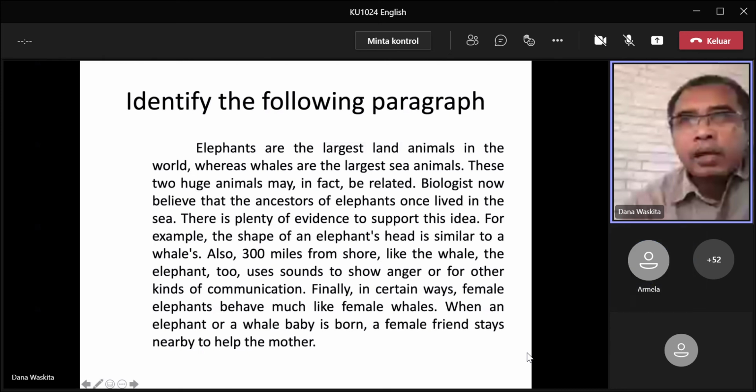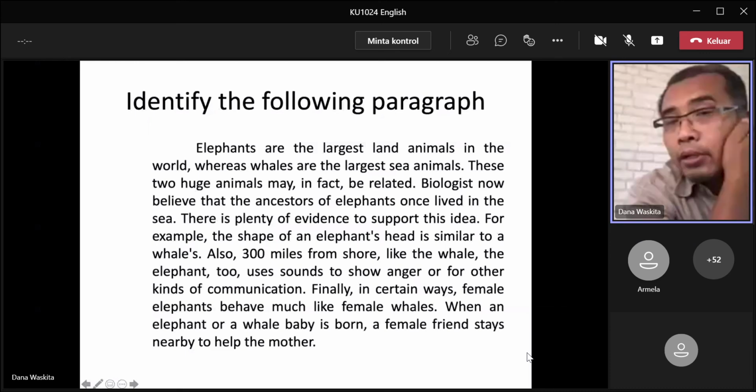We can find in the supporting sentences that they have similarities, including the head, the sound to show anger, and maybe the behavior of females when they give birth. So that is the main idea. We find the main idea from the topic because the topic sentence here cannot represent the whole idea.